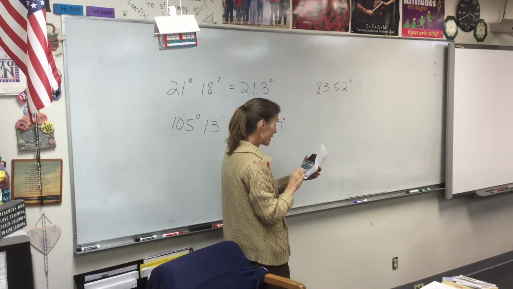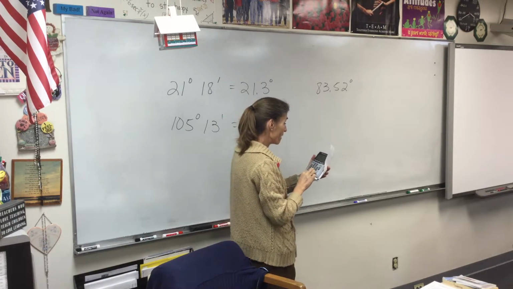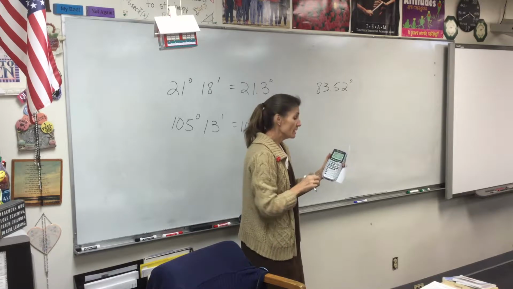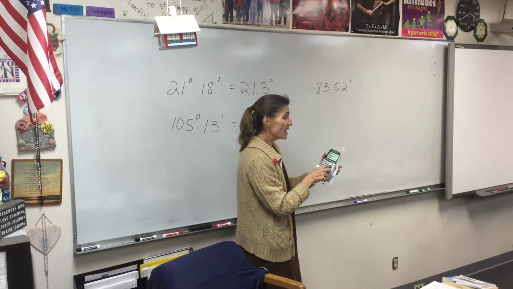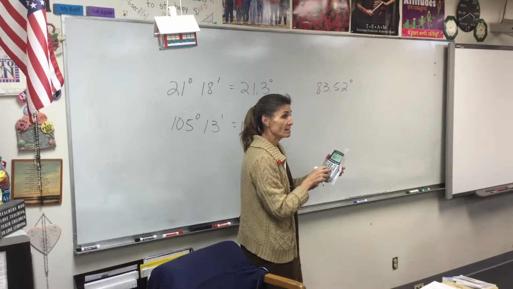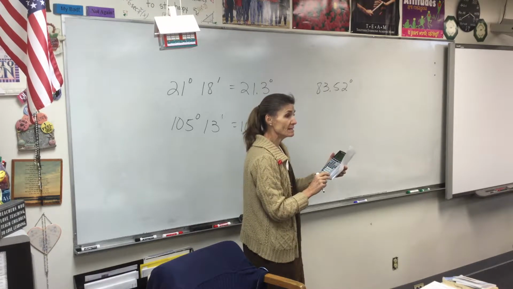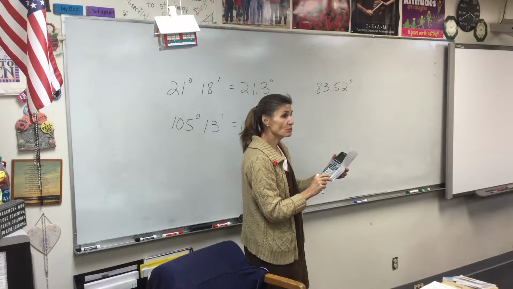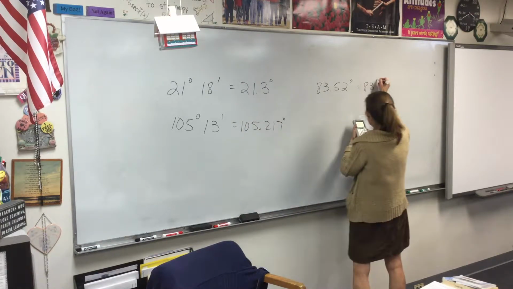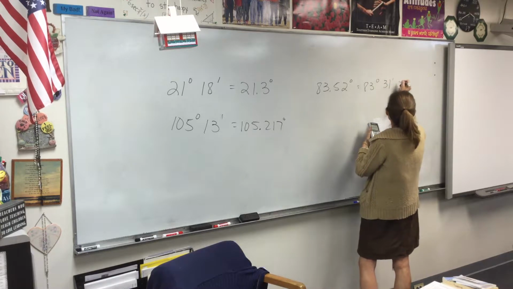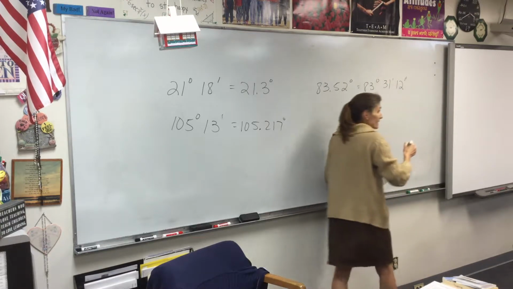Well, we just type 83.52, and then go into your angle menu and click down to DMS, degrees, minutes, seconds. Press enter, enter again, and it says 83 degrees, 31 minutes, and 12 seconds.